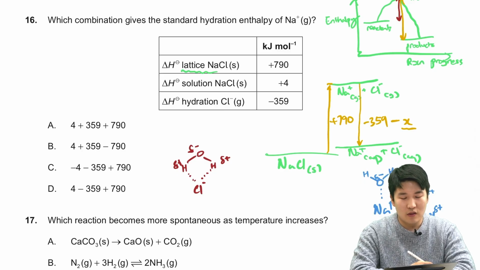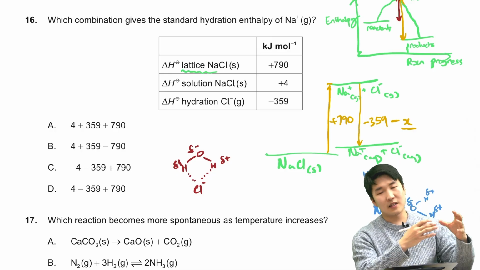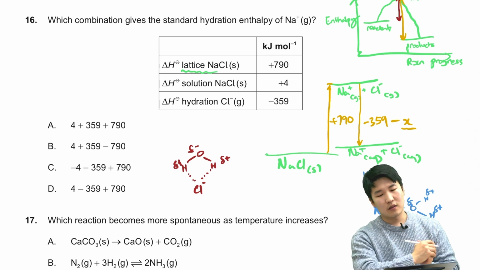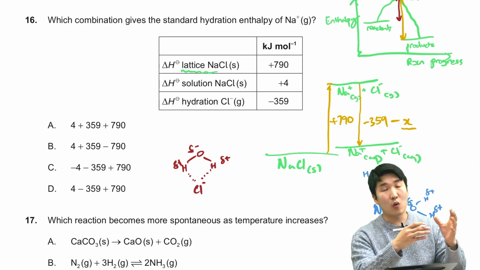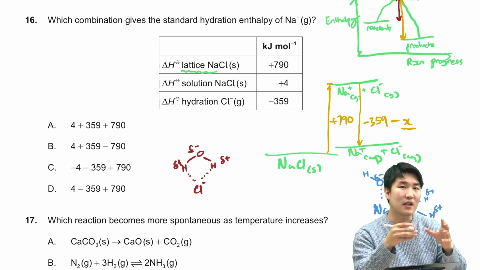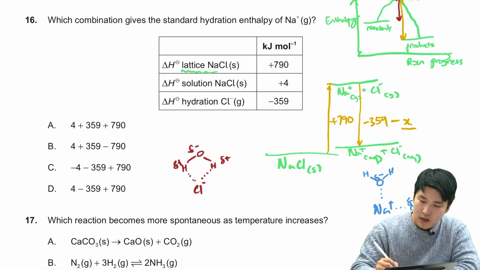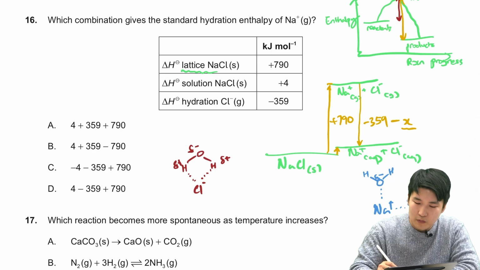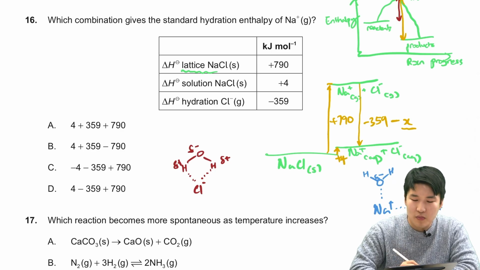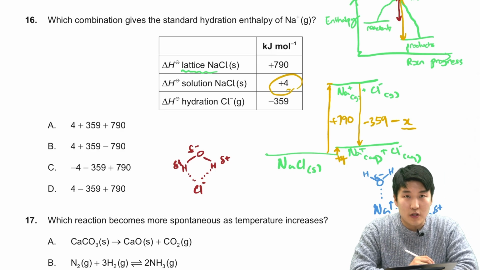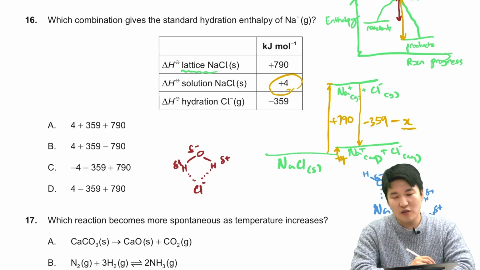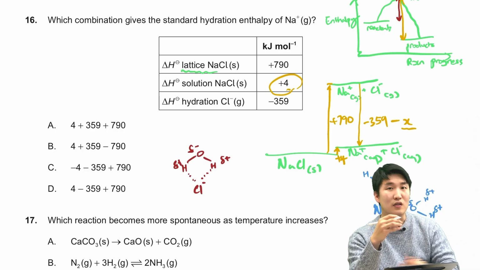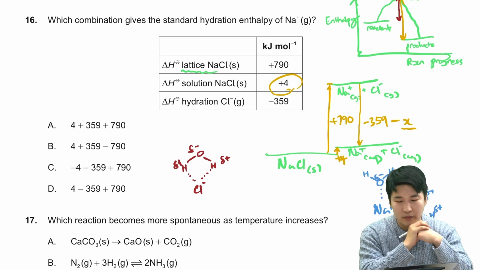Now, the final solution enthalpy is represented by NaCl dissolving in water, which would also give Na plus aqueous and Cl minus aqueous. Let's give this value positive value as represented by the question, which means we actually need to input energy to dissolve NaCl in water.